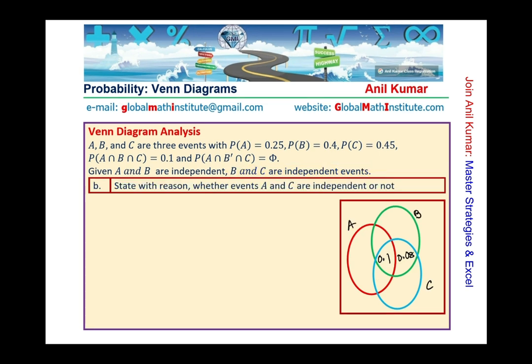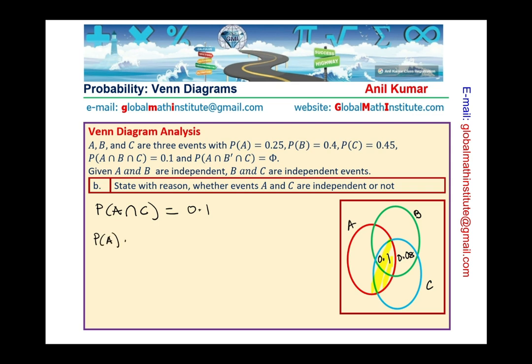Now let's answer part B, which is to state with reason whether events A and C are independent or not. So from the diagram, we can see what is the probability of A and C, right? The probability of A and C is this region, which in this case is 0.1. Now we need to check whether it is equal to the probability of A times the probability of C or not, right?